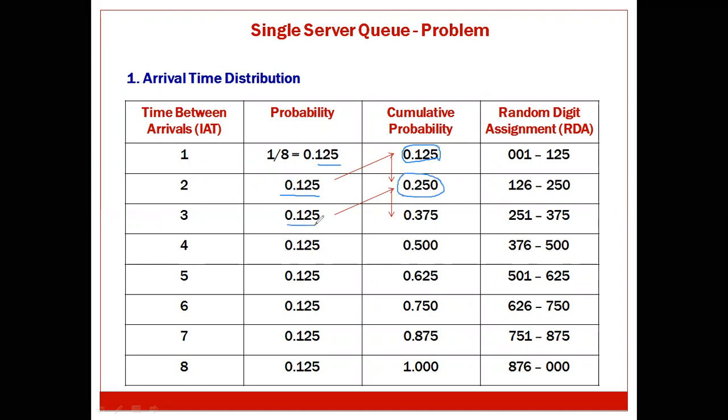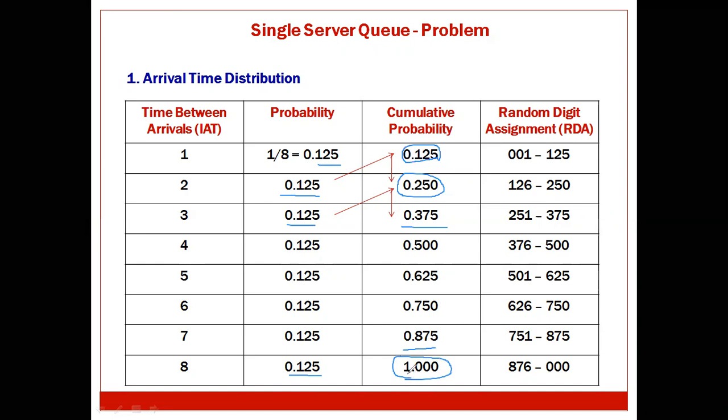Similarly, the next one, 0.125 plus 0.250 will be 0.375. So the same procedure will be continued here. The last one will be 0.125 plus 0.875, we will get 1. That means cumulative probability, finally we should get 1, because it is being distributed among all the inter-arrival times. So the cumulative probability for the last row will always be 1, you have to be very clear on that.